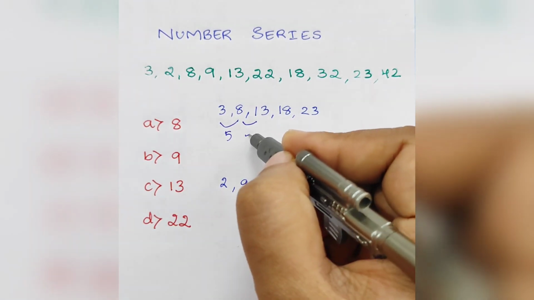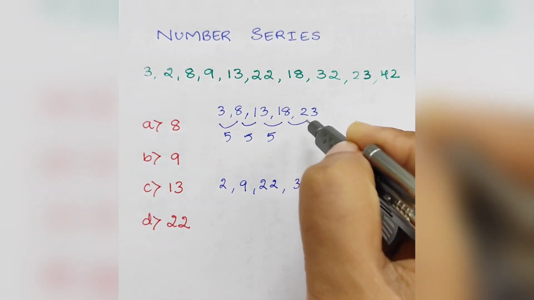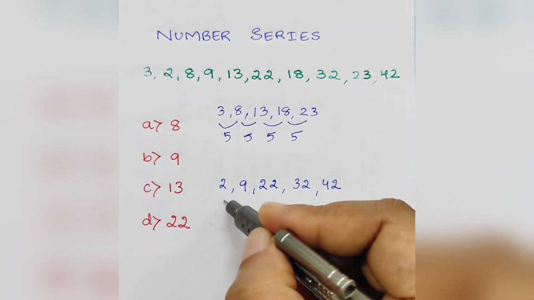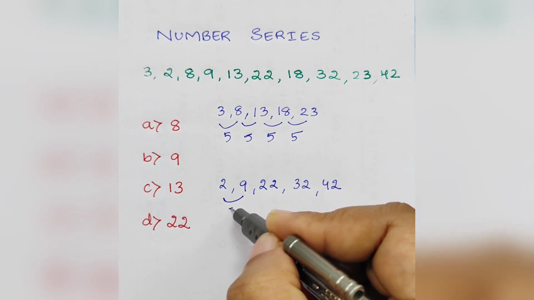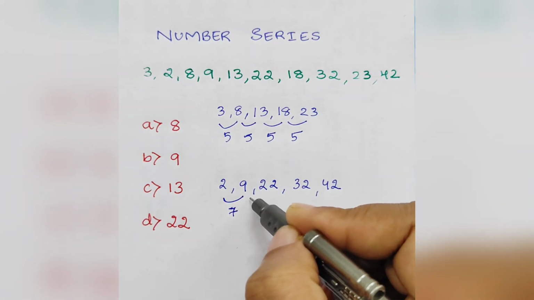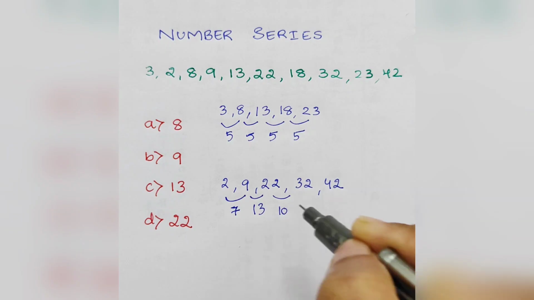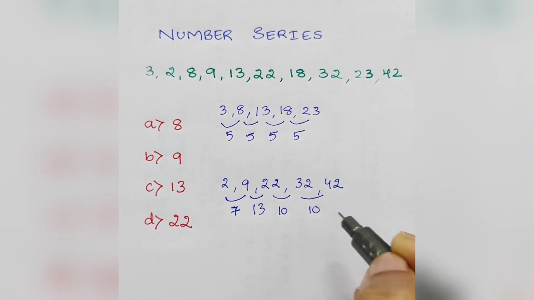Here again it is 5. 13 and 18 is also 5. 18 and 23 is also 5. Let's check the next one. Difference here is 7. Here it is 13. 22 and 32 is 10. 32 and 42 is also 10.